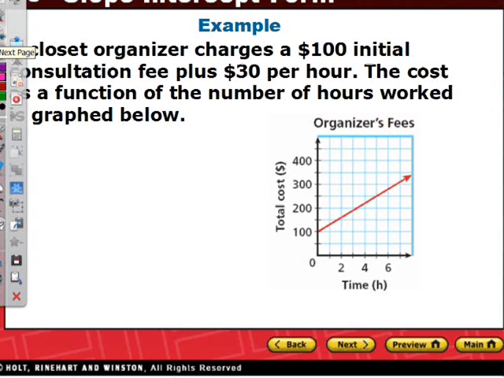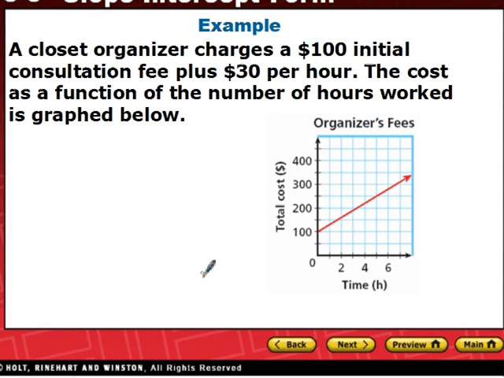A closet organizer charges $100 initial consultation fee plus $30 per hour. The cost as a function of the number of hours worked is graphed below. So they show you the graph here. Okay. So you should already be thinking, oh look, I can see the y-intercept. It's right here. It's 100.